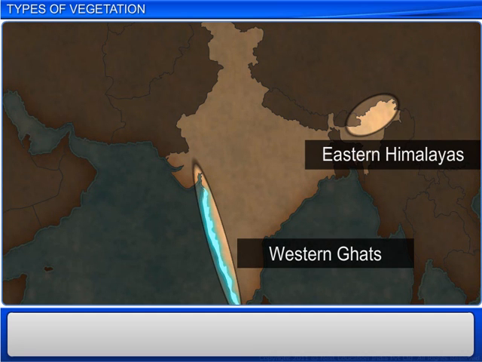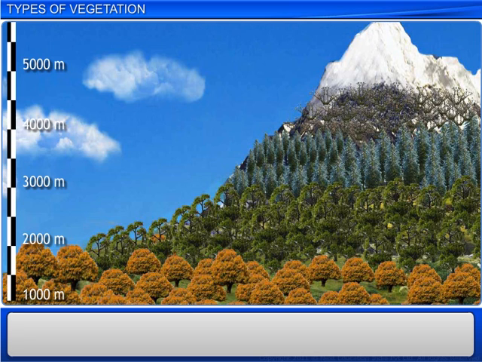If you move higher to around 1500 to 3000 meters, you will see temperate forests with coniferous trees.